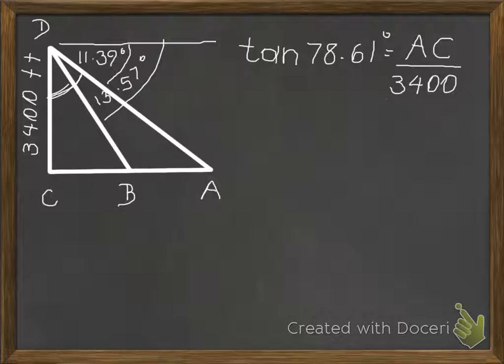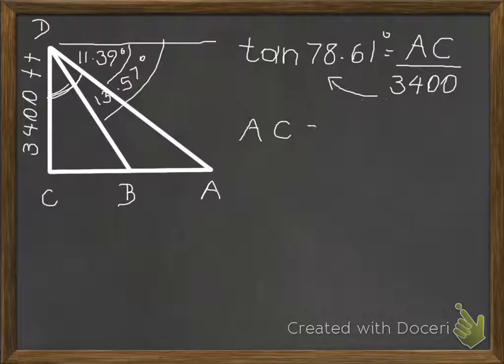Now we solve for AC. We're going to multiply 3,400 times the tangent of 78.61 to get AC.